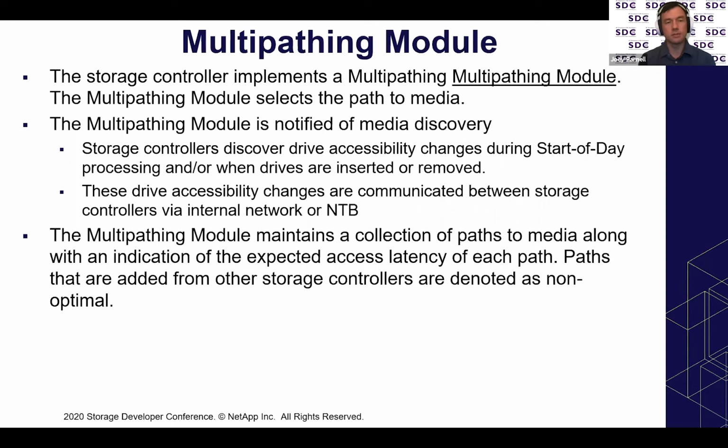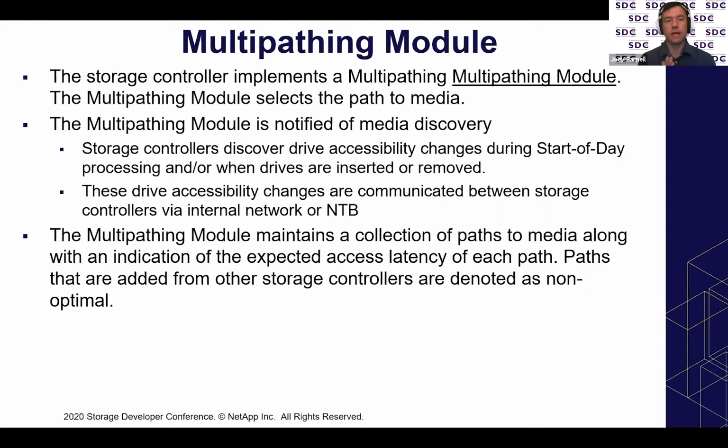in the given circumstances. So whenever the drive events are handled and these accessibility changes are processed by one storage controller, that storage controller also needs to notify the alternate storage controller of its understanding of the path states, so that they can agree on their view of the world, so they can make smart decisions together.